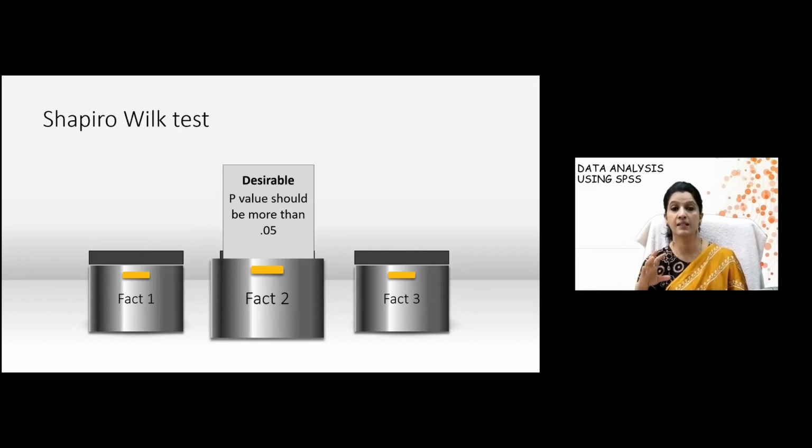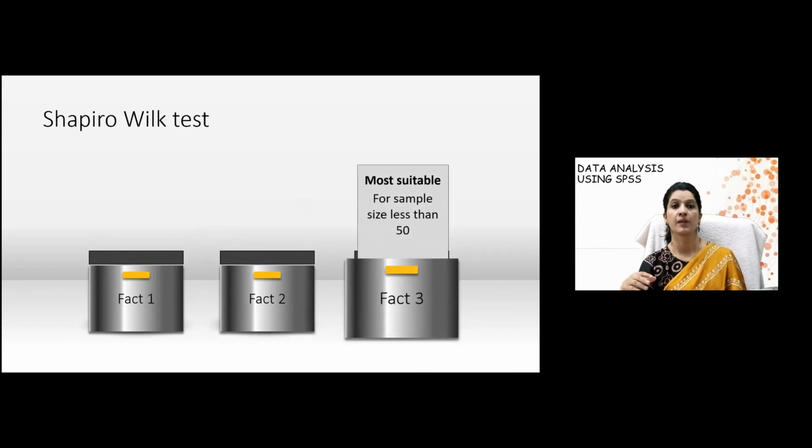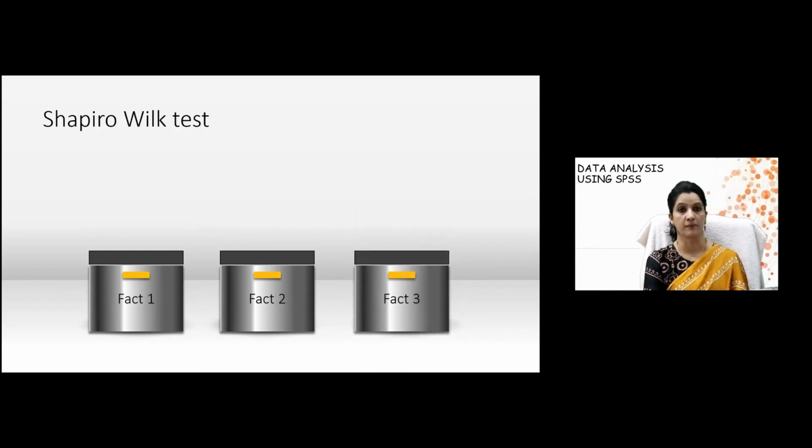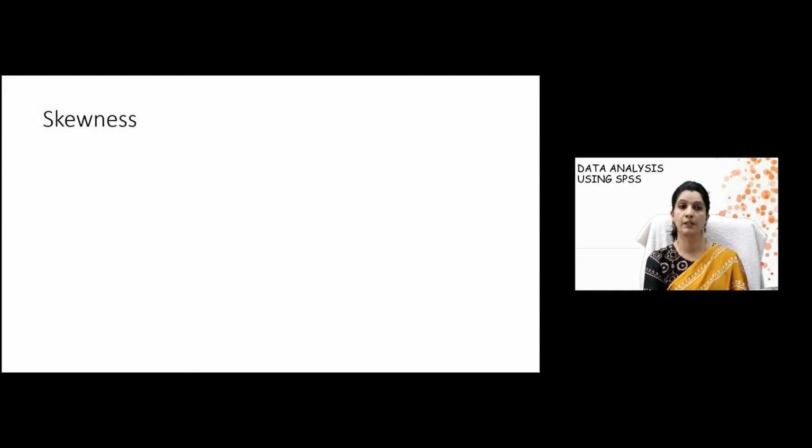But in this case, for testing normality, we want the P value to be more than 0.05 just because of our null hypothesis. And it is suitable for sample sizes less than 50. We have discussed also that if the sample size is less than 50, we use the more objective way for assessment of normality.